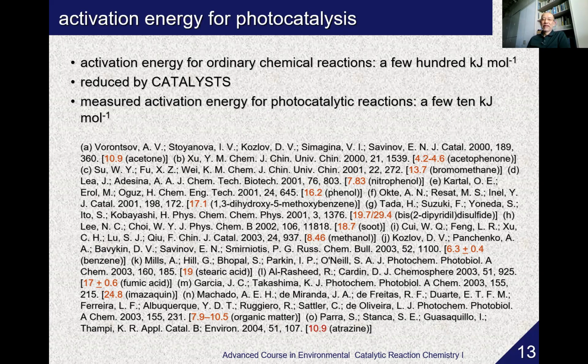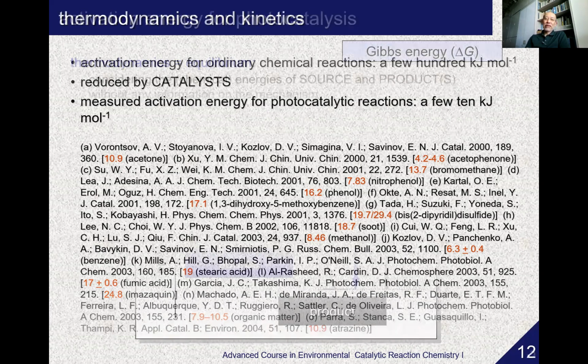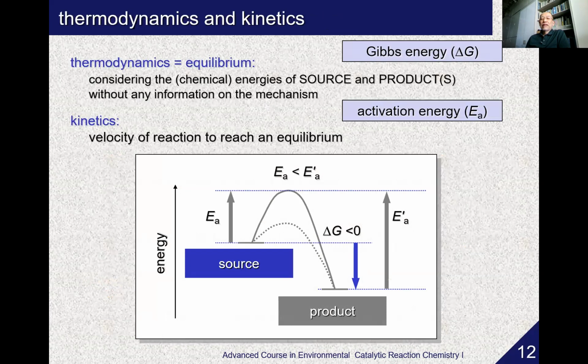So what does it mean? That means it is impossible to say something about the kinetics, that is, how fast the reaction proceeds. For the rate of reaction, it is impossible to predict the rate using activation energy for photocatalytic reactions.